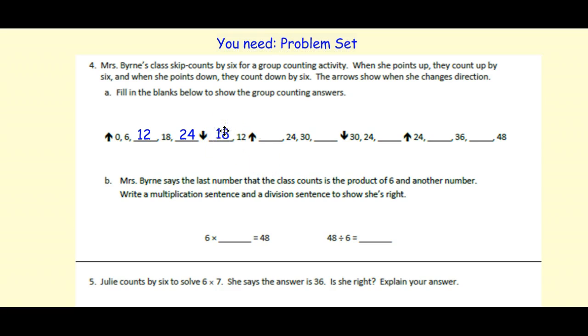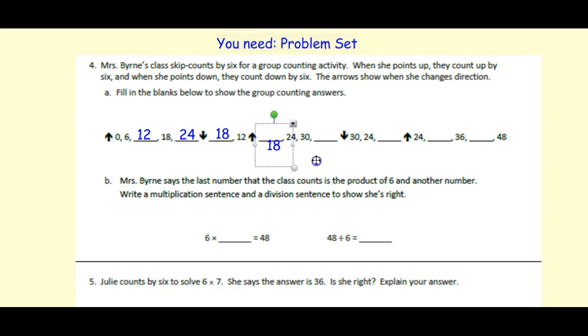And then 18 minus 6 again gives you 12. Now you're to the up arrow, so starting at 12, you're going to start counting up by 6s. And then you'll see over here you'll get to the down arrow, and then over here you'll get to the up arrow. So I want you to push pause, and I want you to fill in the rest of the blanks for this skip counting activity.